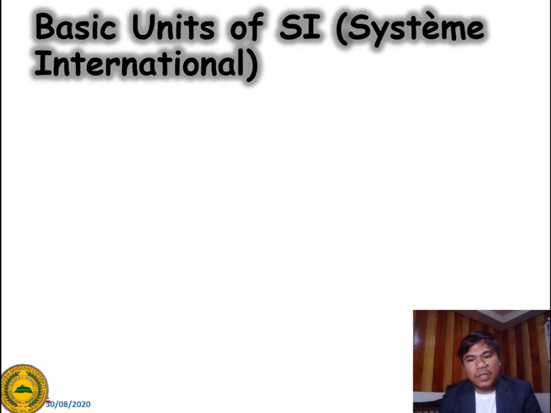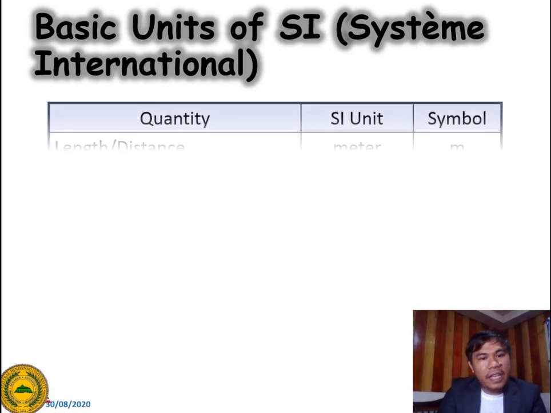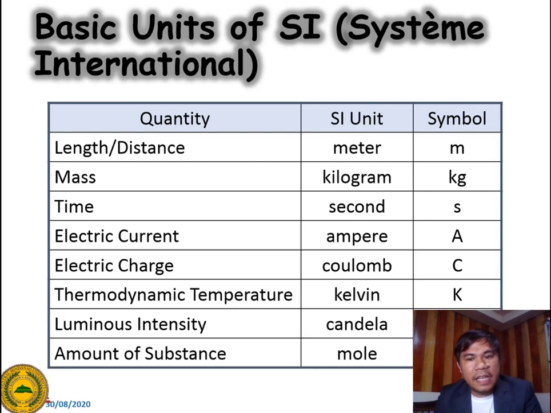Now there are two systems of units that we usually encounter. First, we have the SI units, or the Système International, and the English system. For examples of SI units, in terms of mass, we have the kilogram, and the symbol for that is kg.